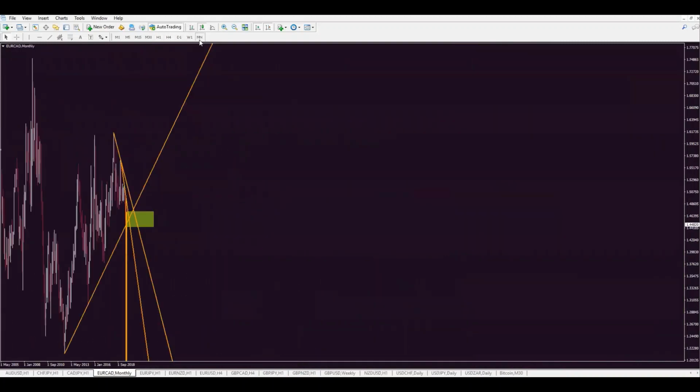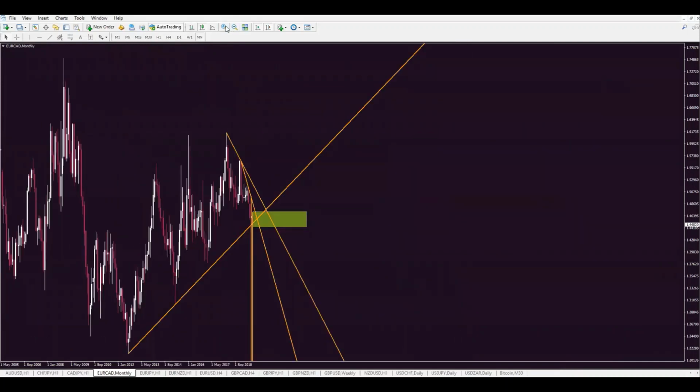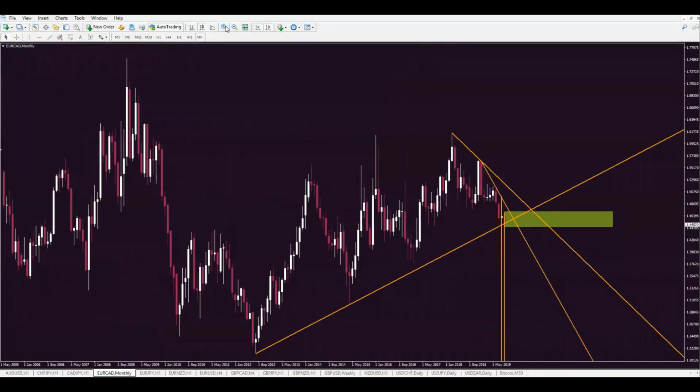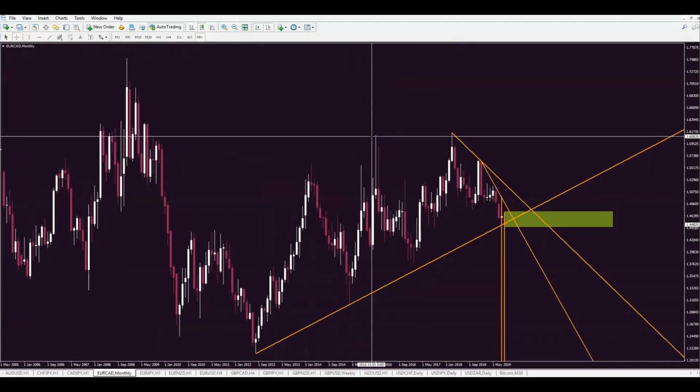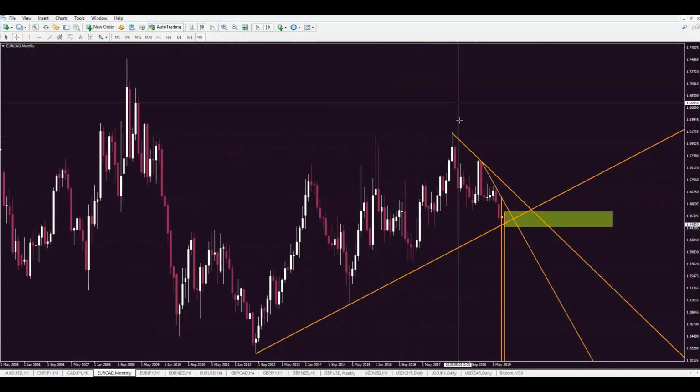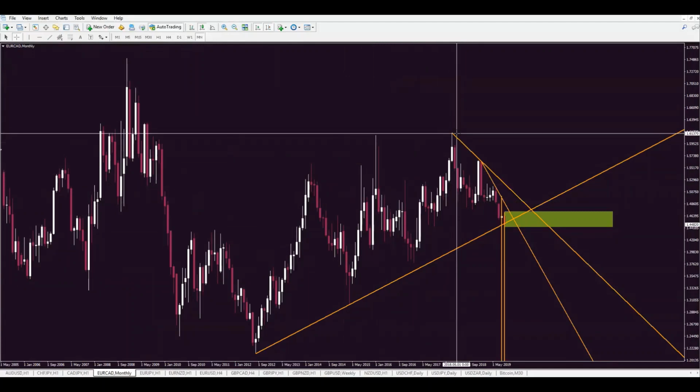All right, so let's start from the monthly. Market is basically trending bullish based on the monthly. So up, down, up, down, up, down.